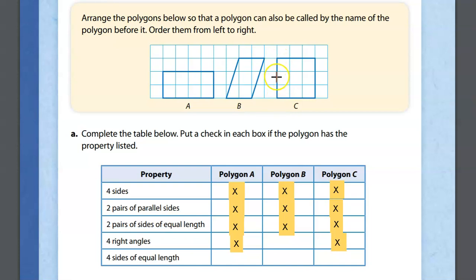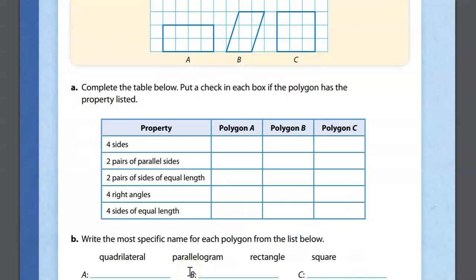Let's look at C. 1, 2, 3, 4. All of these sides are exactly of equal length. So C, polygon C, is the only polygon that fulfills this criteria. Make sure you press pause and jot down all of these notes in your packet at this time.